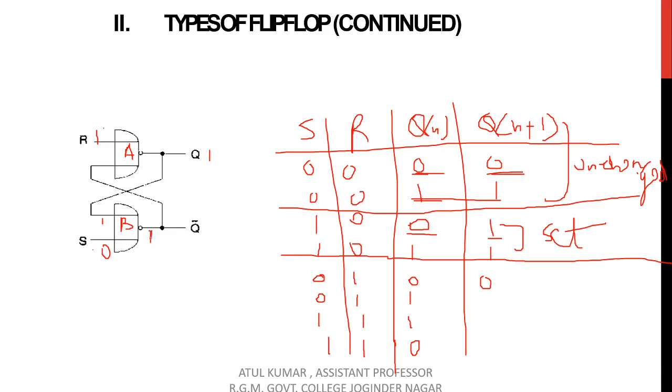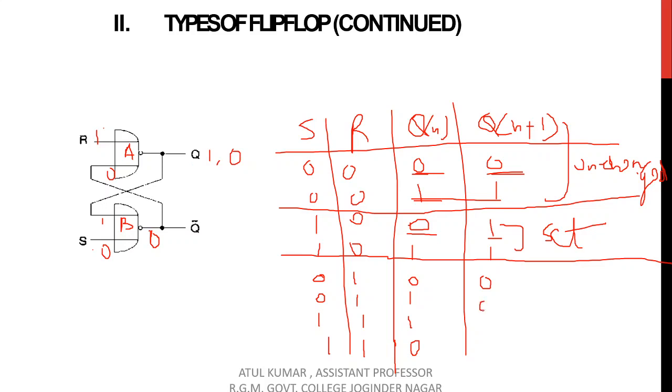The output of the 1 and 0 NOR gate is 0, so 0 is given as an input to the first NOR gate. So in this case, when one input is 0 and the other is 1, the output here is again 0.